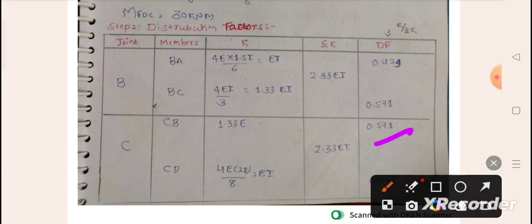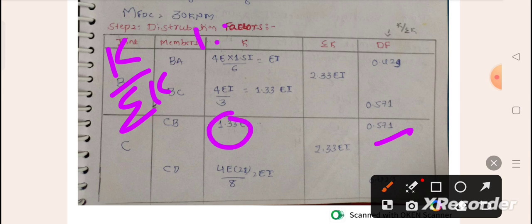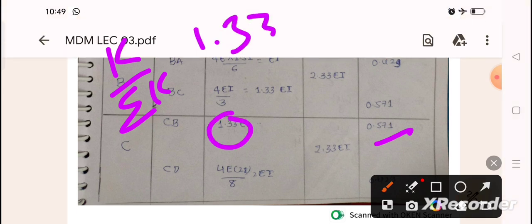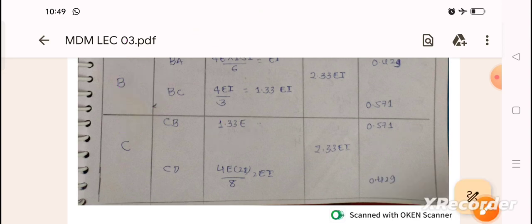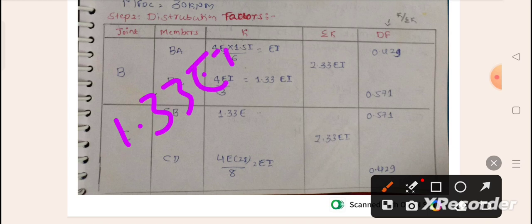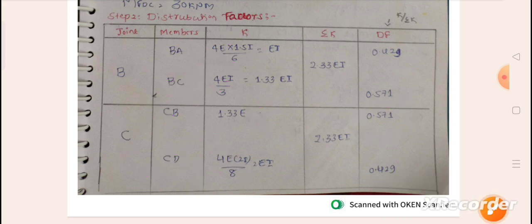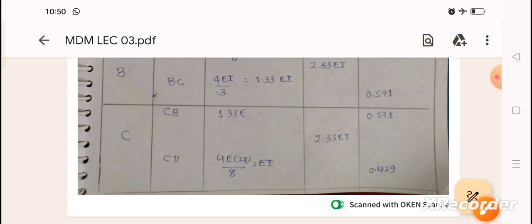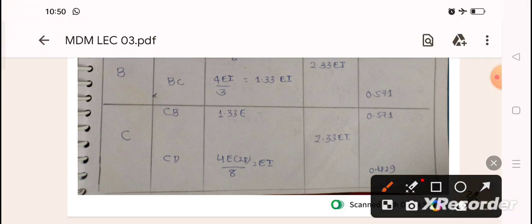Same thing for this: K by summation of K, where K is 1.33EI divided by 2.33, which gives 0.571. Same thing for CD. CD has the same formula. So what is the formula?